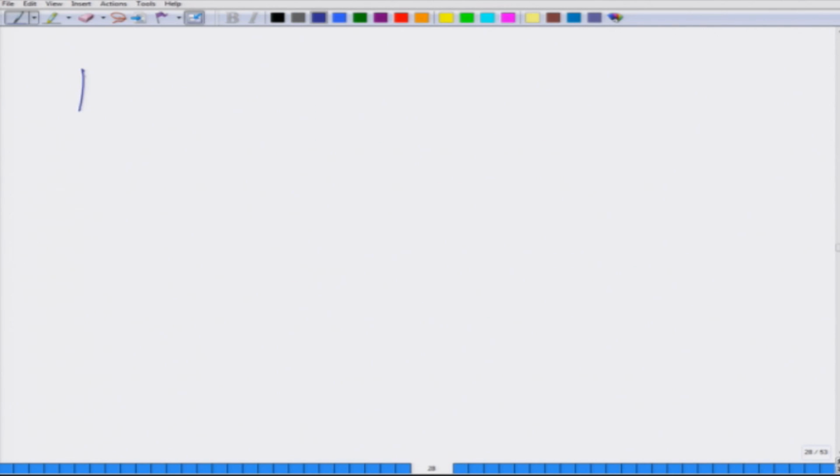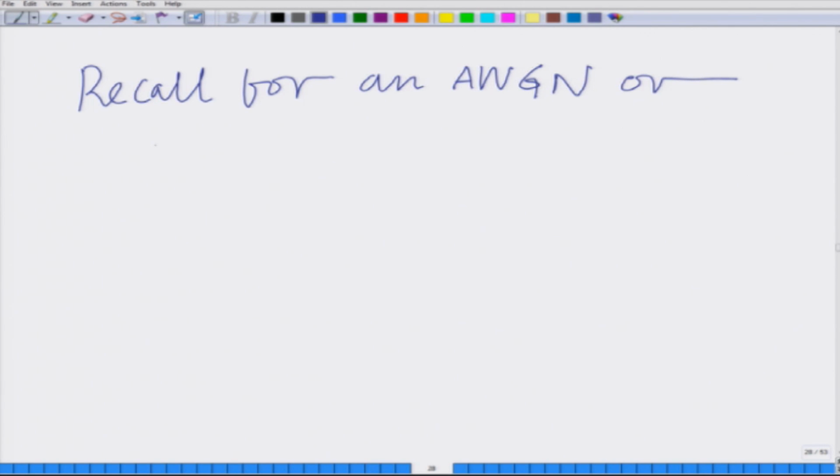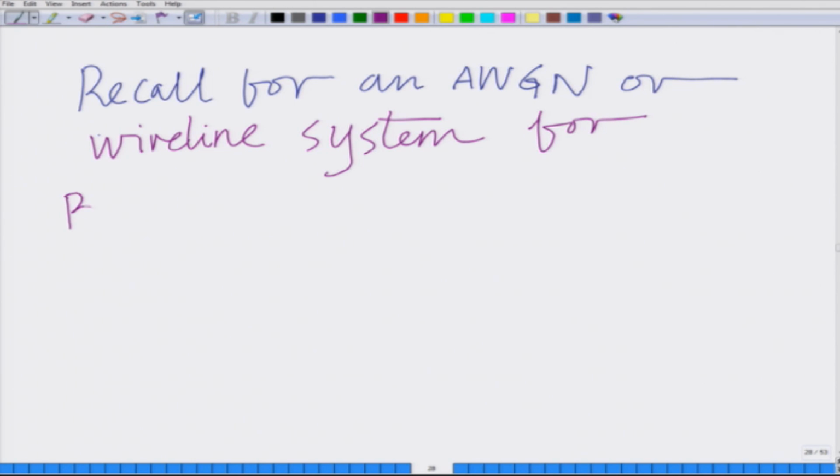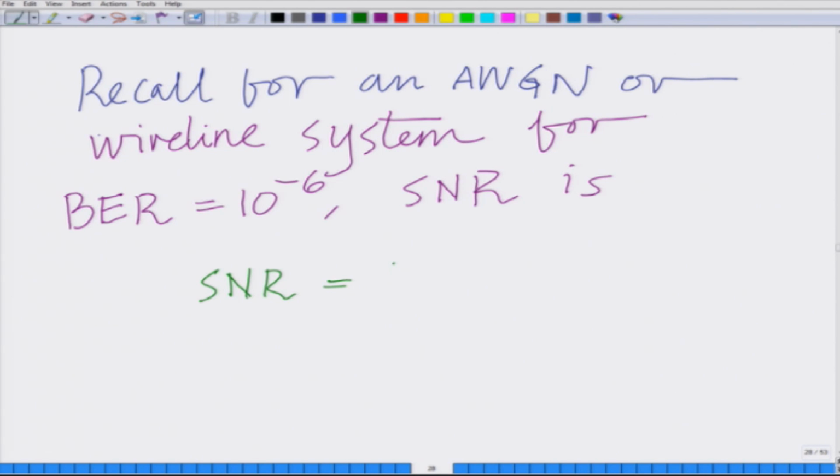Recall that for a simple AWGN channel, or our wireline communication system, for a similar bit error rate equals 10 power minus 6, the SNR is 14.19 dB.